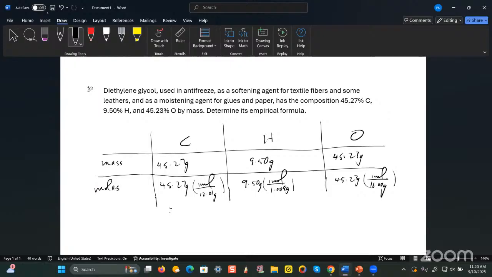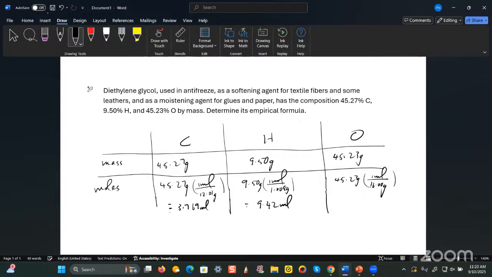And so let's work out each of these. So in the case of carbon, that would be 45.27 divided by 12.01. And according to my calculation, this works out to be equal to 3.769 moles. In the case of hydrogen, we divide 9.5 by 1.008, and that gives 9.42 moles.